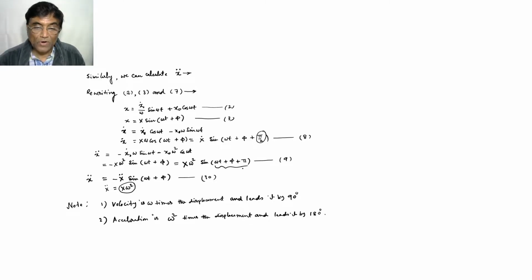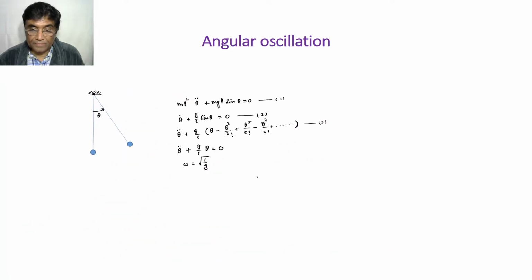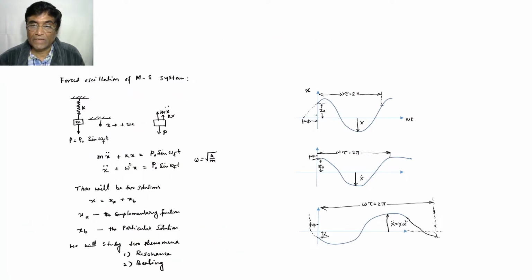So now we can plot displacement versus omega t, velocity versus omega t, and acceleration versus omega t.